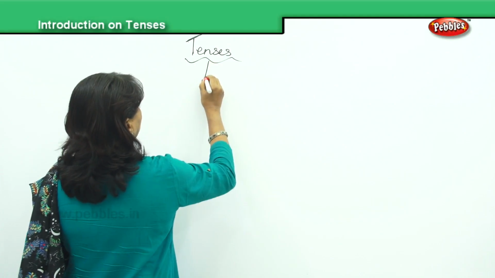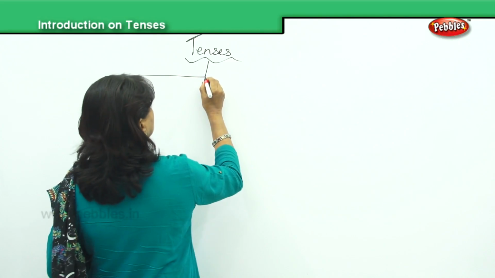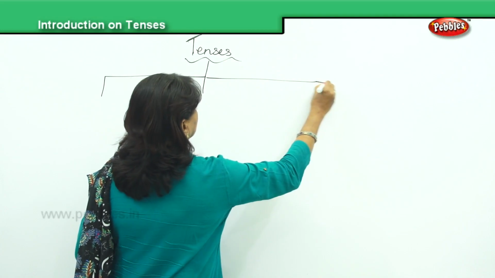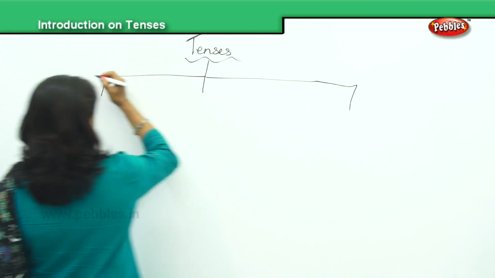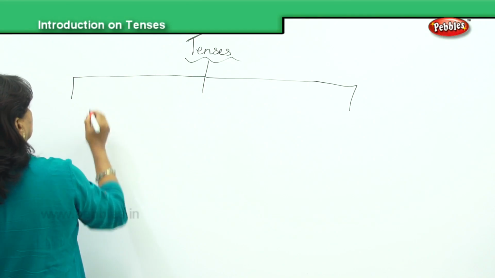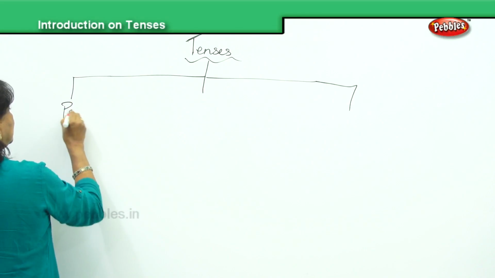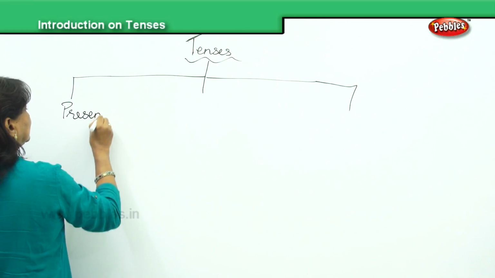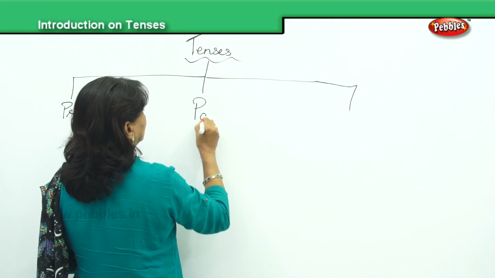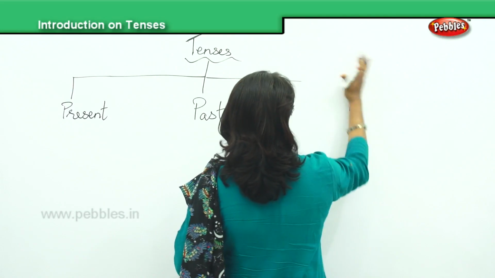This is divided into 3 main tenses. Three main tenses, that is the present tense, the past and the future.